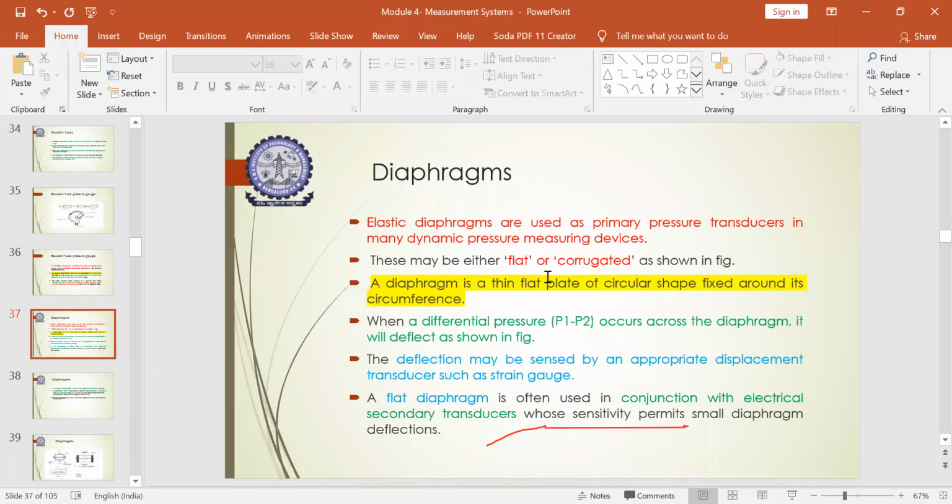Here the diaphragms basically are elastic elements so that they can deform with respect to the received primary pressure input signals. Elastic diaphragms are used as primary pressure transducers in many of the dynamic pressure measuring devices. This could be either flat or corrugated as shown in the figure.